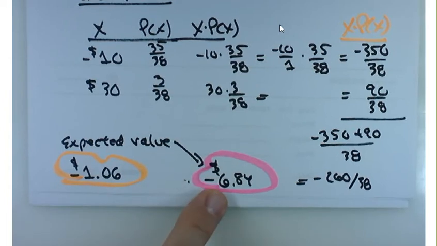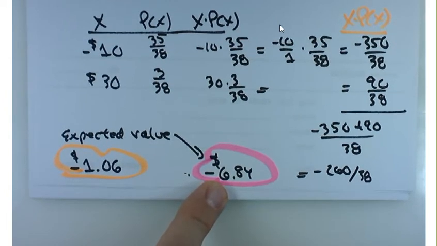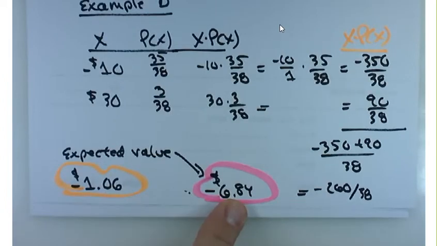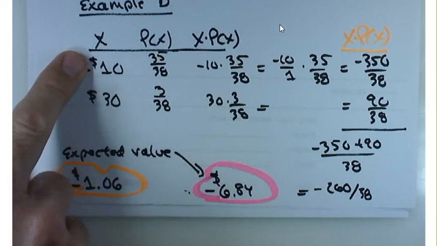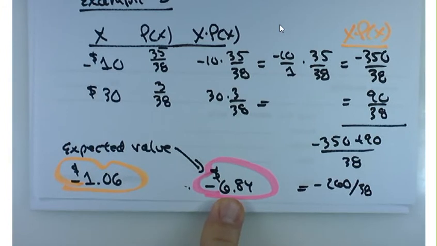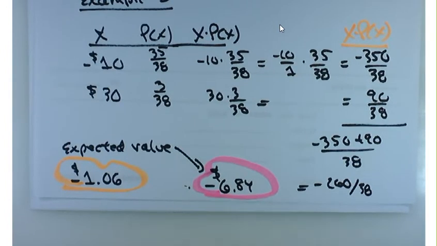Here, on average, you're going to lose $6.84 every time you gamble. Now, can you lose $6.84? No. You're either going to lose 10 or win 30. But at the end of the night, if you're betting hundreds of times, you're on average going to be losing $6.84 a throw. Whereas here, it's only $1.06. That's a big difference.